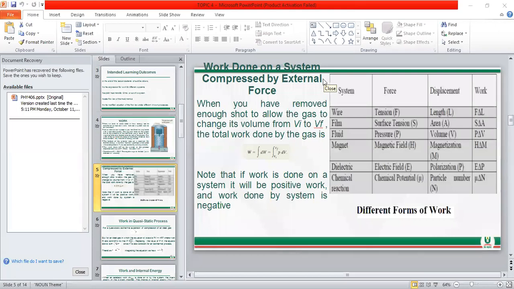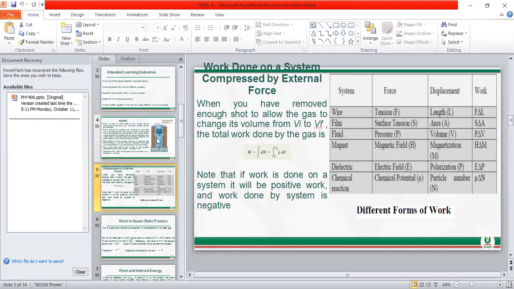Now, we have been able to summarize the work done in the system by a complex external force. The external force here is from the lead shaft that decreased the volume and applied the pressure. So we're looking at different systems here. We're talking about wire.